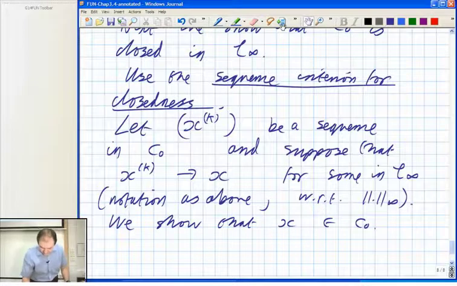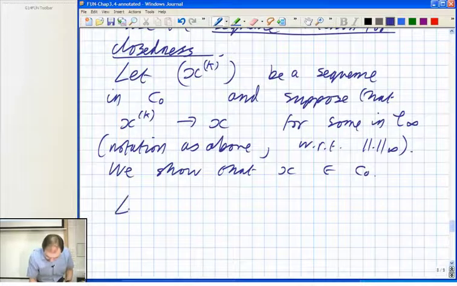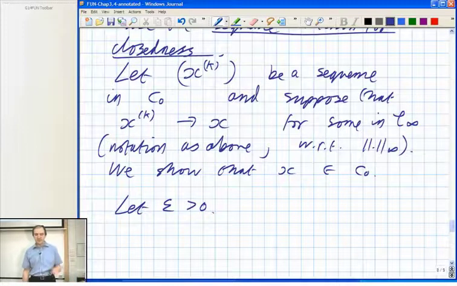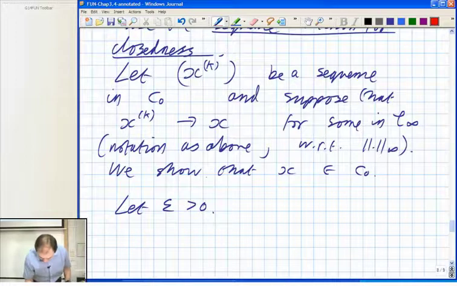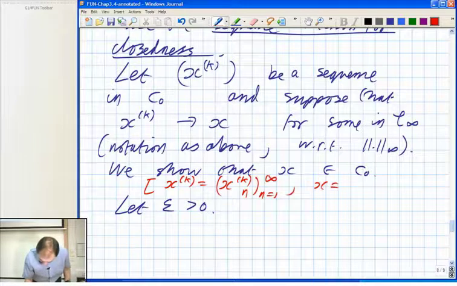Okay, well, I'll do it all with epsilons again. I've got to prove that from some term onwards, perhaps I'd better remind you of this notation. We have x_k is equal to (x_n^k), n runs from 1 to infinity, and x is equal to (x_n), n runs from 1 to infinity.